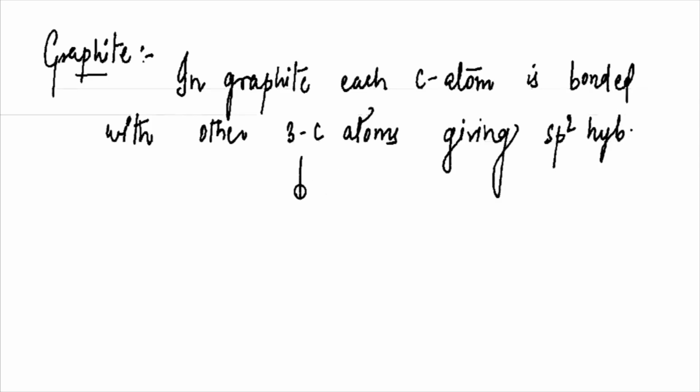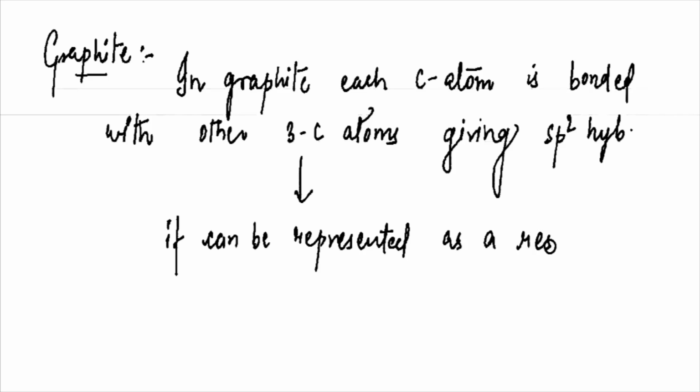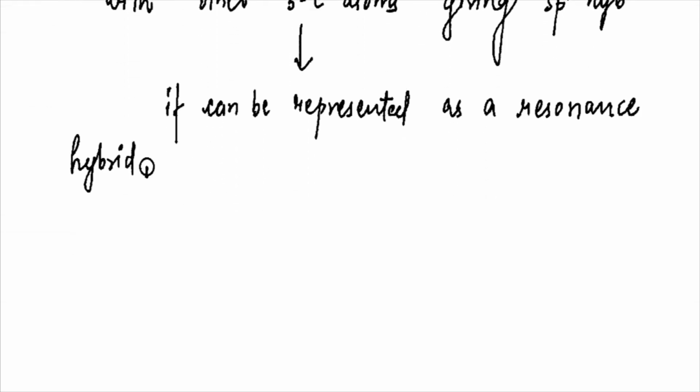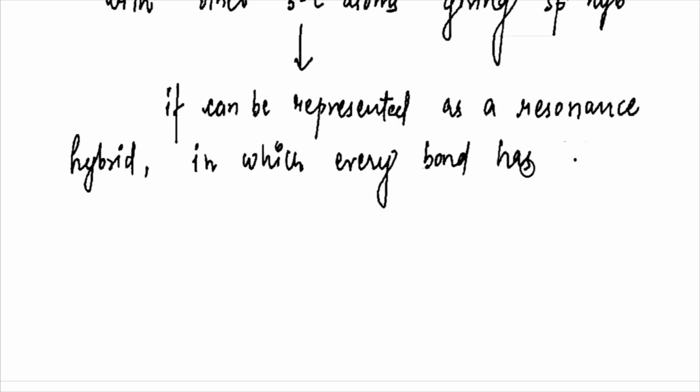Now this can be represented as a resonance hybrid in which every bond has a partial double bond character. I'll write it down so that you can refer to it: in a resonance hybrid, every bond has a partial double bond character.